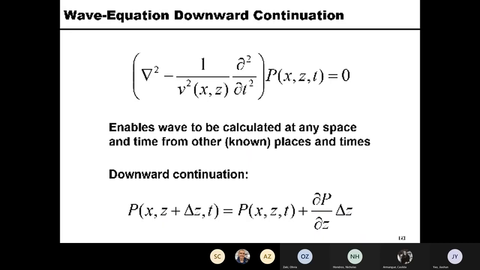Okay, that's for downward continuation. And for this downward continuation, you need to know the first order derivative, right? Because you know the wave field at the current depth, maybe z equals 0, which is on the surface. You record the data on the surface, and you also know the downward continuation step length, which is delta z. But in this equation, the only thing you don't know is the first order derivative, right?